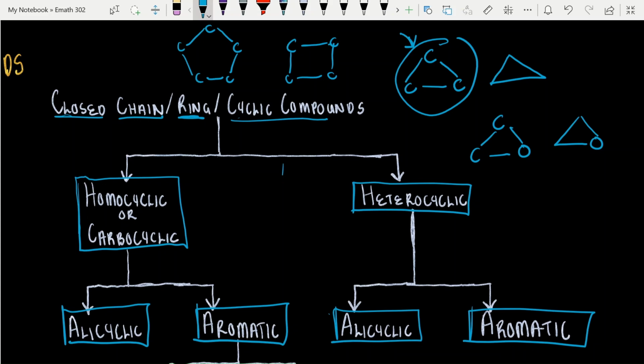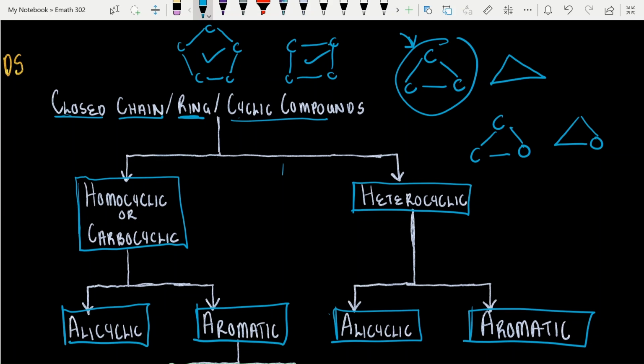Now, these ones we say can be homocyclic or heterocyclic. If they are homocyclic, that means the whole cycle has carbon, like this one and that one. But if you bring in a foreigner like an oxygen, a nitrogen, a sulfur or a halogen, halogen meaning group 7, which is chlorine, bromine, iodine, they are going to affect your cycle, and we'll say you have a heterocycle now.